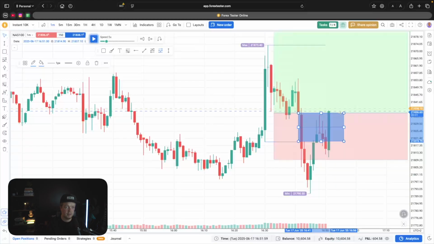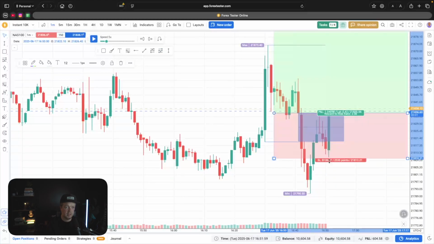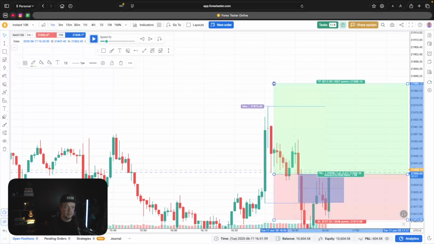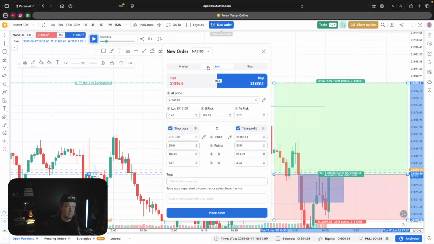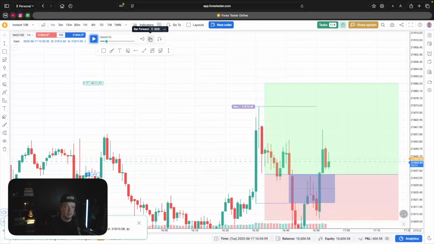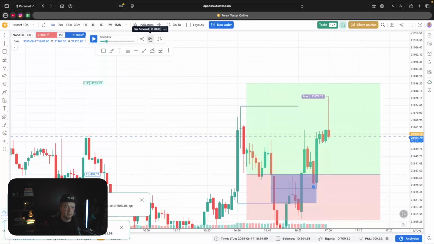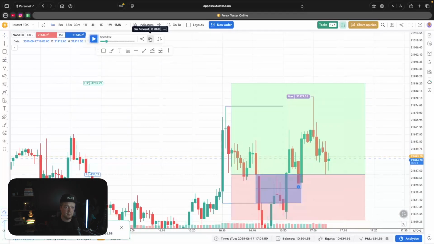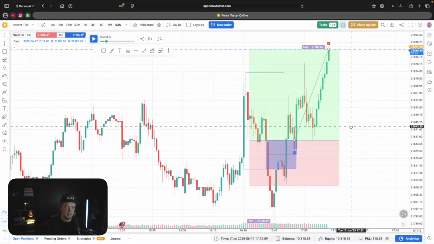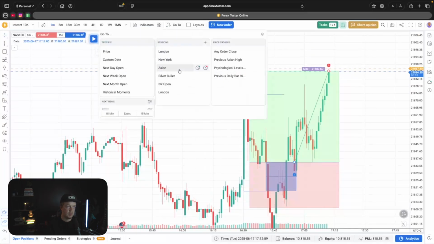Let's put our buy limit right over there. Stops below this low now. And we target a fixed 1 to 2. New order, buy limit. Let's see if we get tagged in. We got tagged in. And there's our trade. Let's go to the next day.